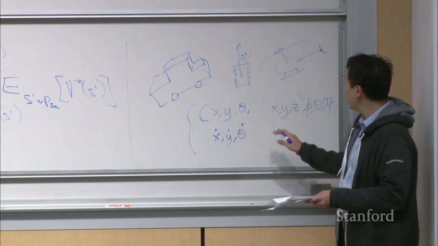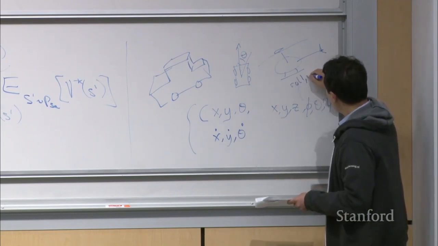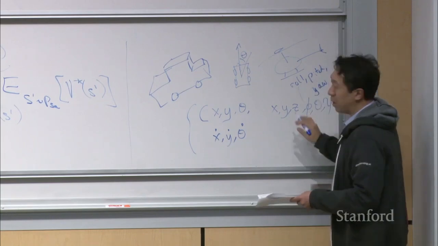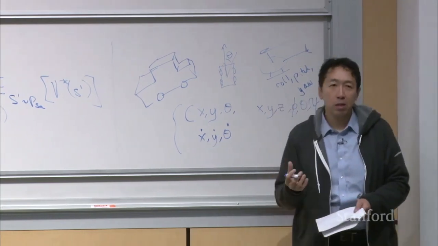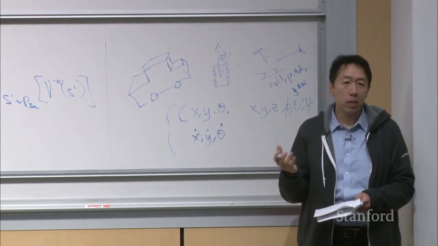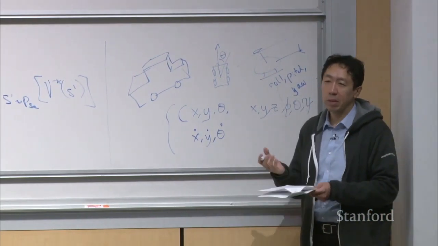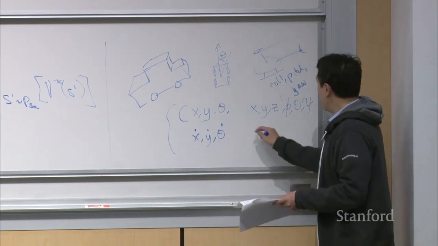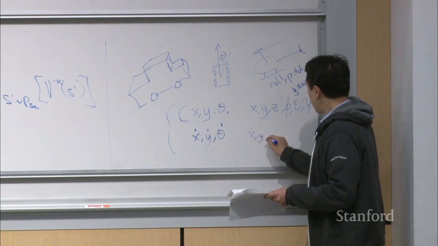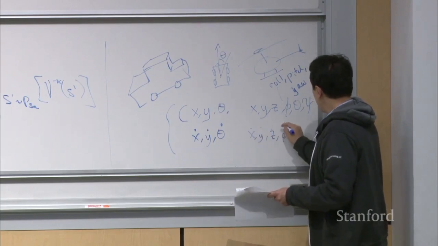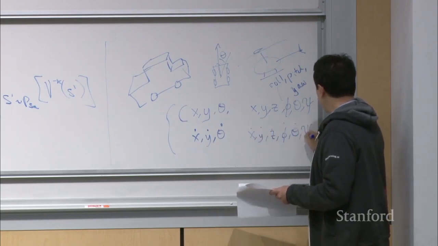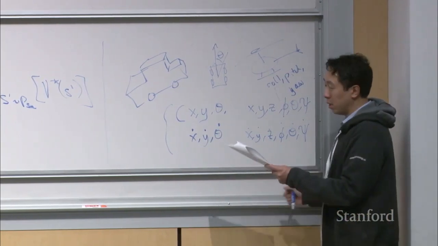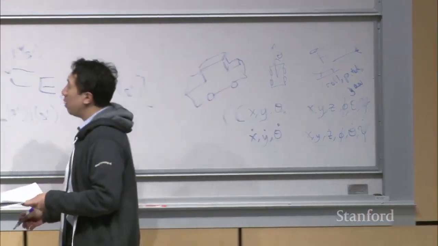But for today's purposes, the orientation of a three-dimensional object flying around is conventionally represented with three numbers, such as roll, pitch, and yaw. And then x dot, y dot, z dot, phi dot, theta dot, psi dot, the linear velocity and the angular velocity.